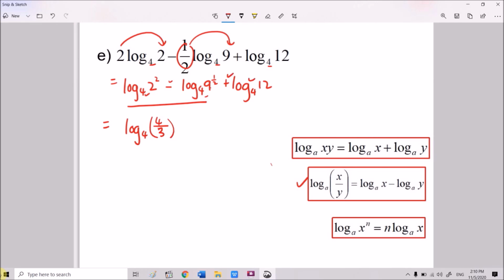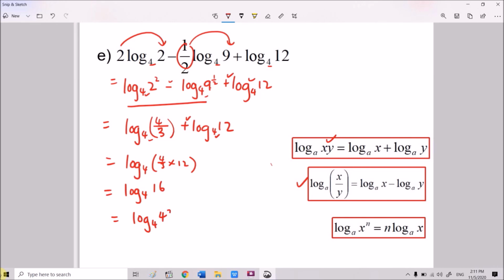And we have the plus log base 4 of 12. Since it's a plus and they have the same base, we use the product law. You have log base 4 of 4 over 3 times 12. So 4 over 3 times 12 is 16. 16 is actually equal to 4 to the power of 2.